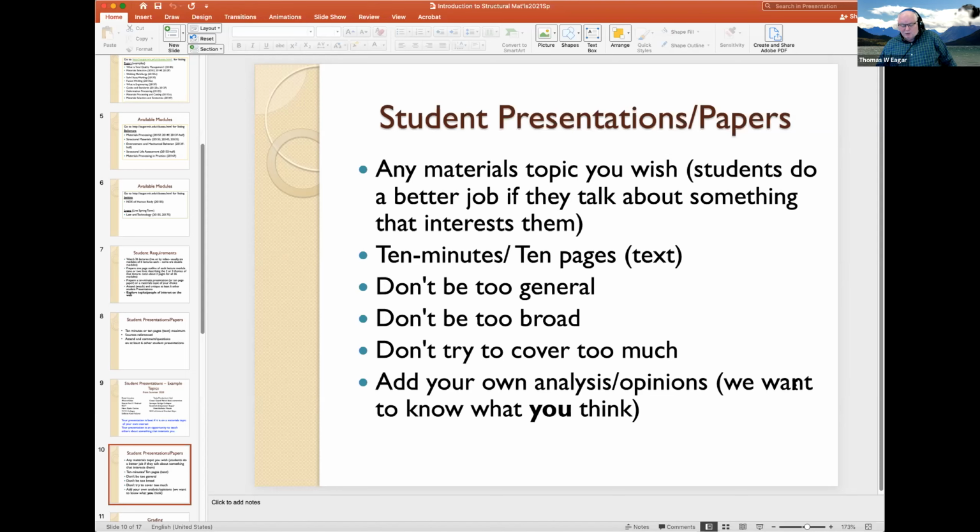It's also possible to flunk it by not doing anything and not dropping it in time. I have given Fs because of that, and I have given Bs. The people who got a B were the ones who didn't listen to the lectures. We're trying to teach you to be critical in your thinking. Just because you read it on the front page of the Wall Street Journal doesn't mean it's true.